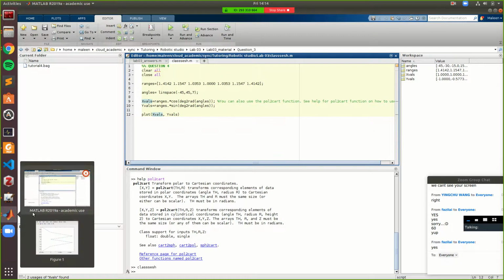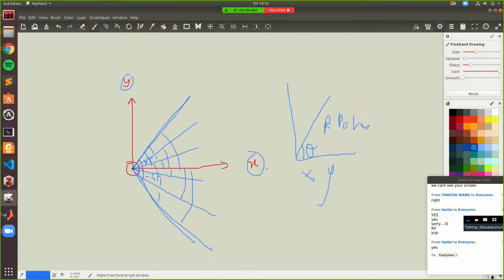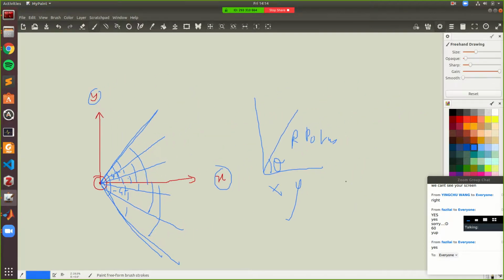Cool. Any questions? Does everyone understand what happened and how a laser rangefinder works? How a LiDAR works? By the way, this is a 2D LiDAR. We've only considered everything happening in a single plane, but obviously you can have multiple lasers like this stacked up on each other, and you can get 3D volumetric information about the environment, and get what we call a 3D point cloud of the data.